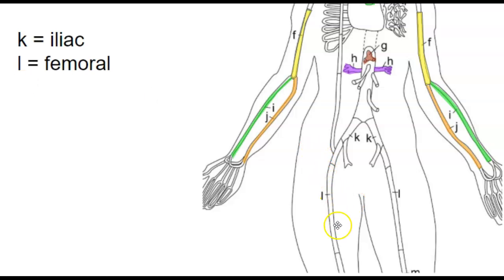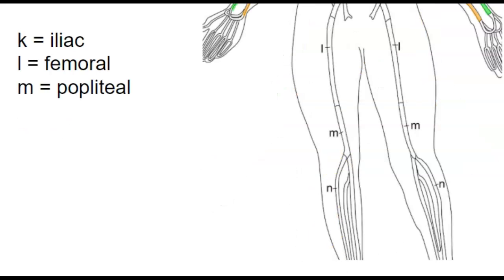L, femur, your femoral artery. Your femur is that bone in your thigh. M is around your knee. So this is the popliteal artery. And then N, by your tibia, is the tibial artery.